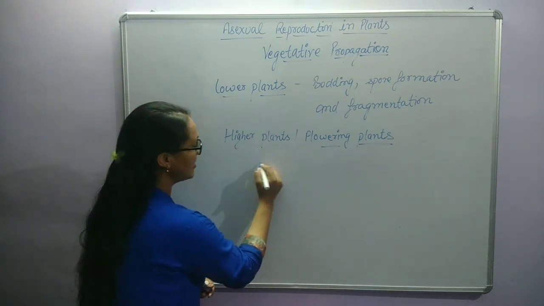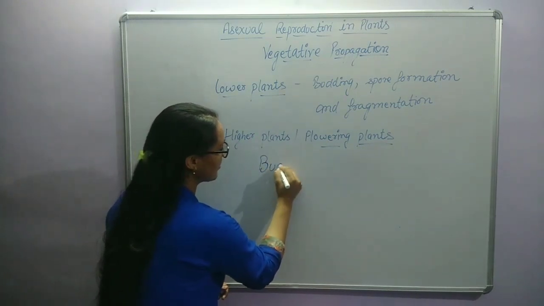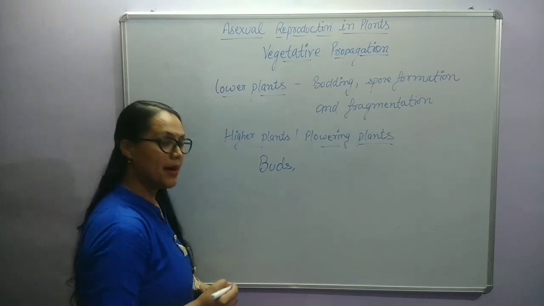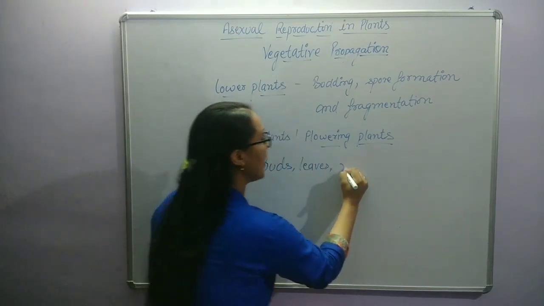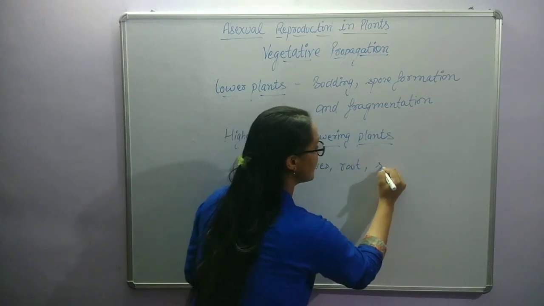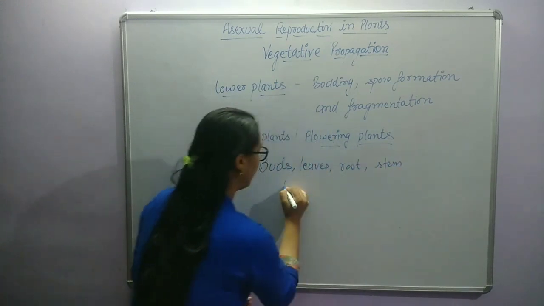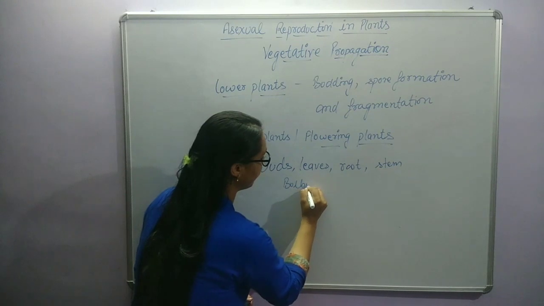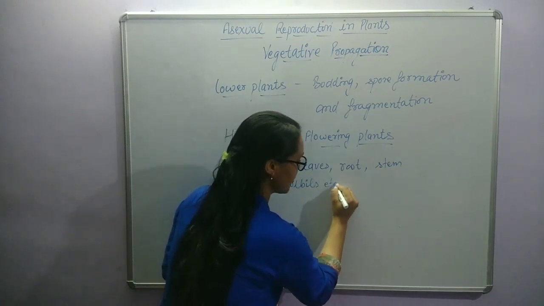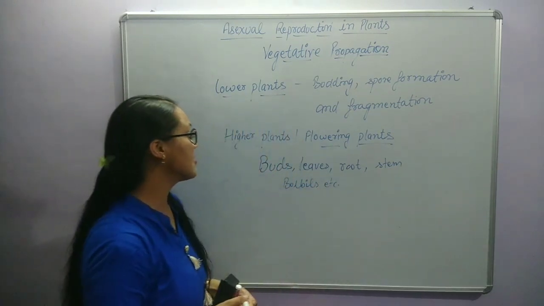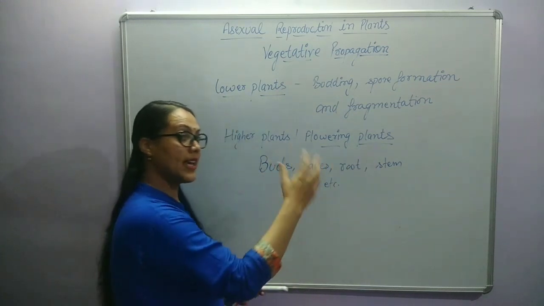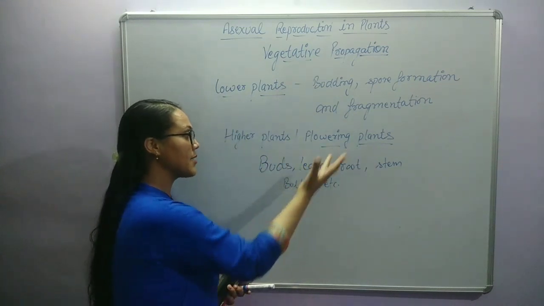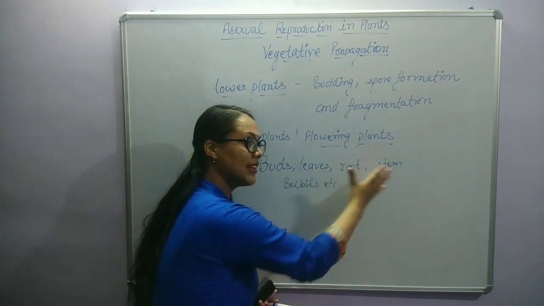In higher plants, plants are also propagated by buds, by leaves, by root, by stem, bulbils, etc. There are so many such structures. So in higher plants, plant propagation or asexual reproduction takes place with the help of these very structures.